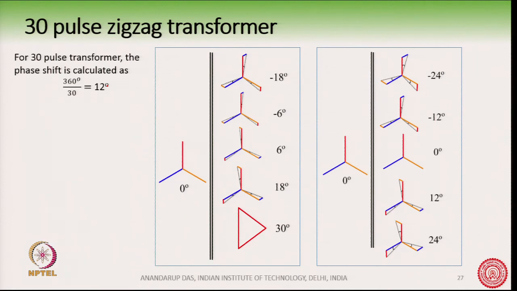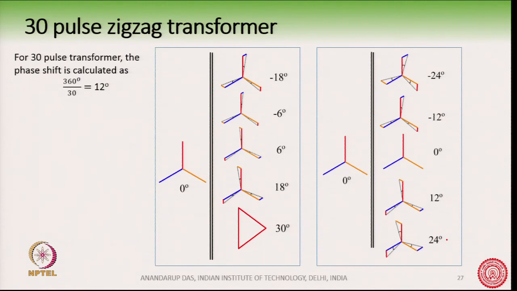So, for 30 pulse we will require 5 such sets. Then you can have different types of arrangement like 0 degree here, then 6 degree, minus 6 degree, minus 18 degree, 18 degree and 30 degree. So, 12 degree gap between them, or you can have 0 degree and 0 degree like this, you can have minus 12, minus 24 or plus 12 and 24 degrees.